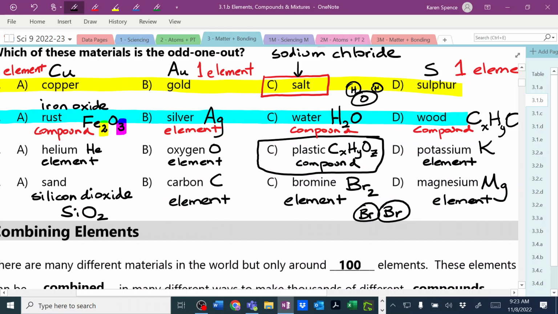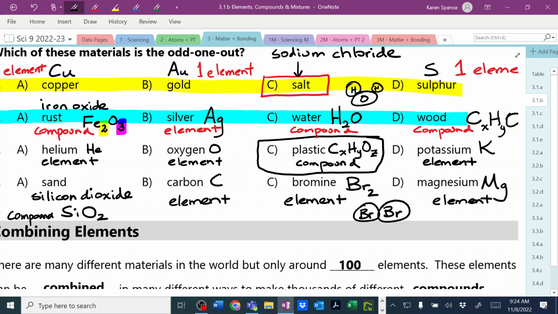In this unit, you're not responsible for knowing how many atoms of each type. Okay, that will be for our next unit, but this one, you can just be like, oh, I have two different elements, that is a compound. Silicon dioxide, yes.